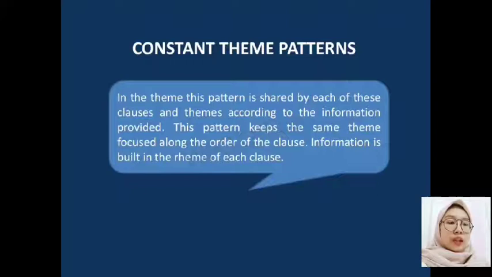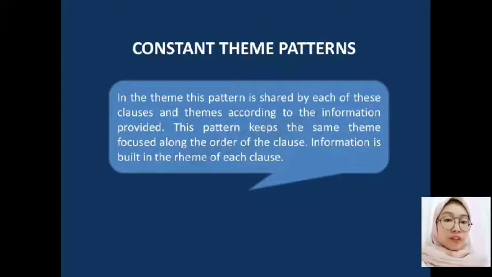So, next material is about constant theme patterns. So, what is constant theme patterns? In this pattern, the theme is shared by each of the clauses, and the themes according to the information provided. This pattern keeps the same theme focused along the order of the clauses. Information is built in the rhyme of each clause.